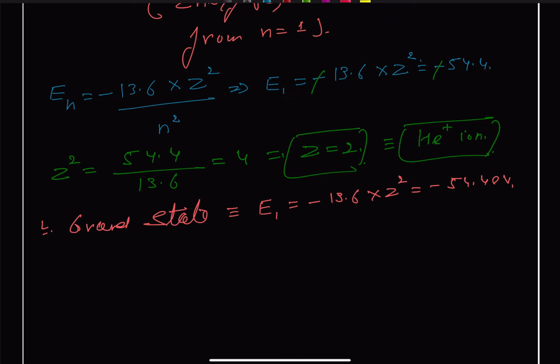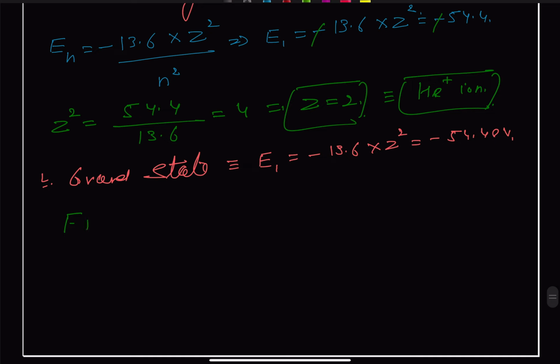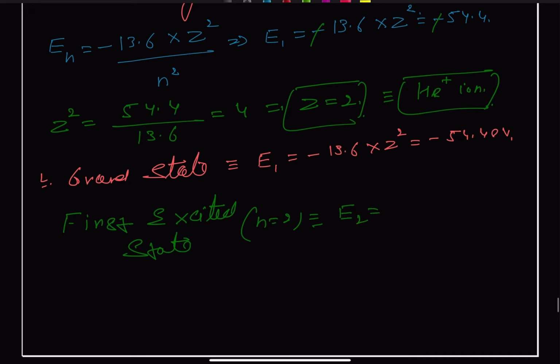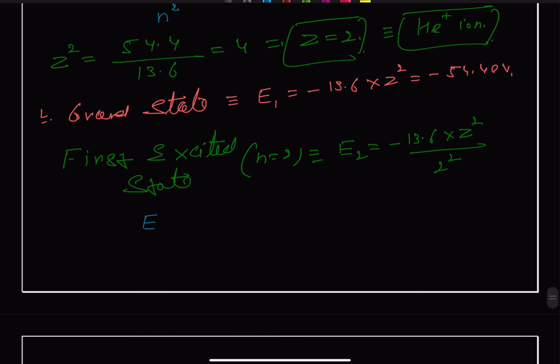And the first excited state, which is our value of n equal to 2. This gives us E of 2 is equal to minus 13.6 into Z square divided by 2 square. So we get our E of 2 will be equal to minus 13.6 electron volt.